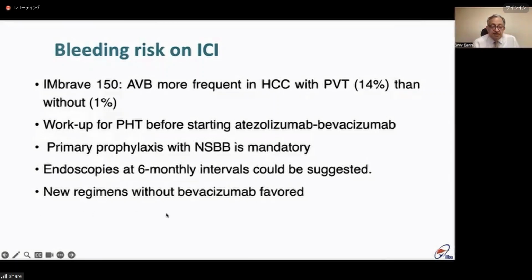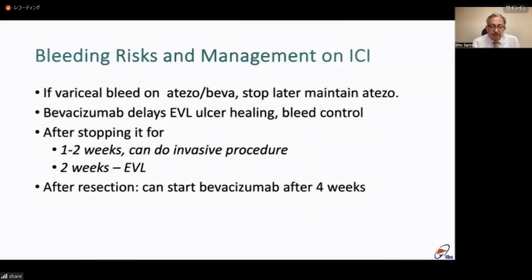New regimens without bevacizumab are favored if the patient has portal hypertension and high-risk varices. If the patient develops a variceal bleed on atezo and beva, stop, and do not start beva again. You continue with atezo alone.